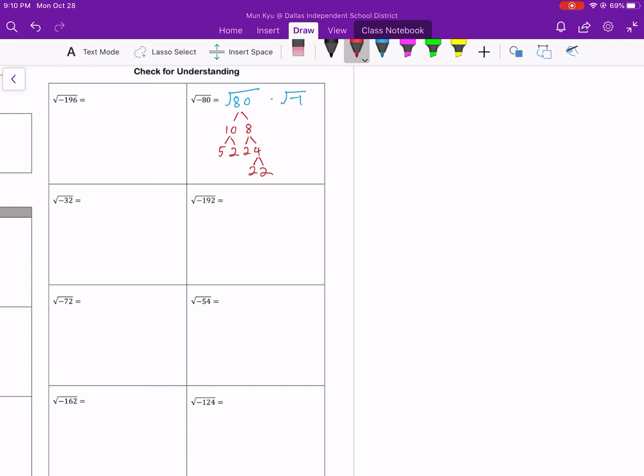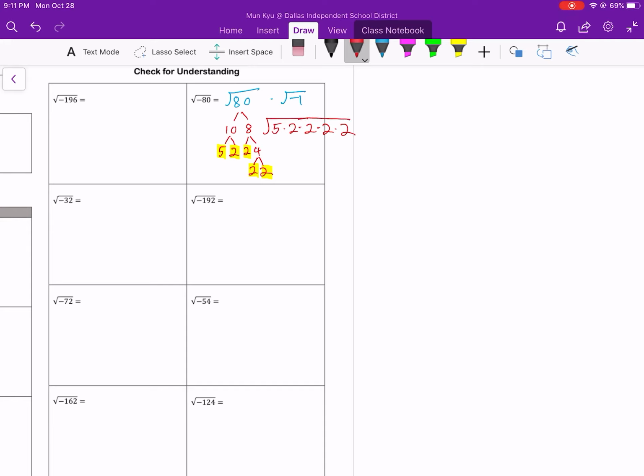So here, this is interesting. If you look at it, we have prime numbers here, here, here, here, and here. So if you rewrite it, that's going to be 5 times 2 times 2 times 2 times 2.